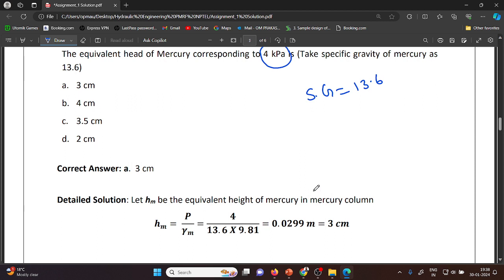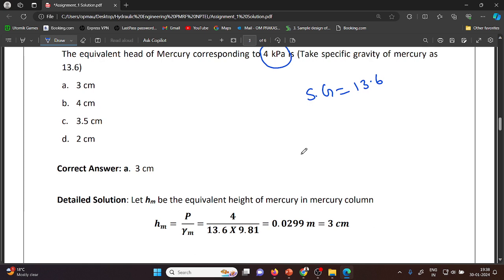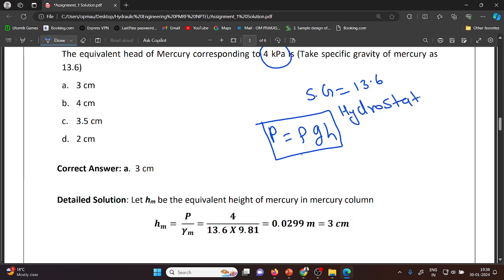So here the approach should be what? You know one thing: your pressure is equal to what? Rho gh, right? In case of hydrostatic. Sir, I used to do pressure equal to gamma H formula.